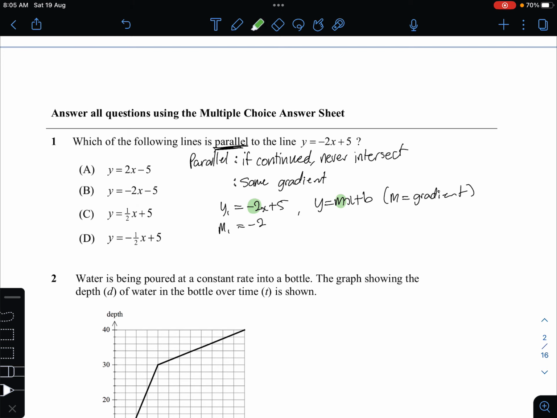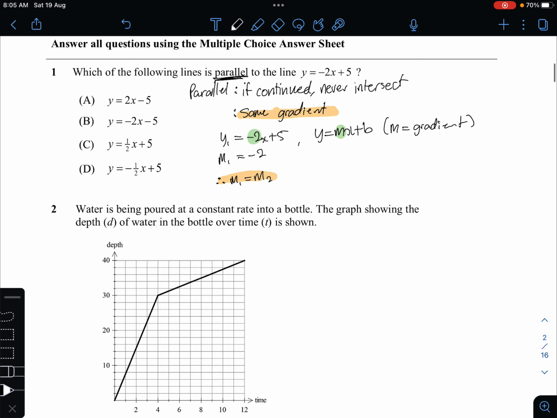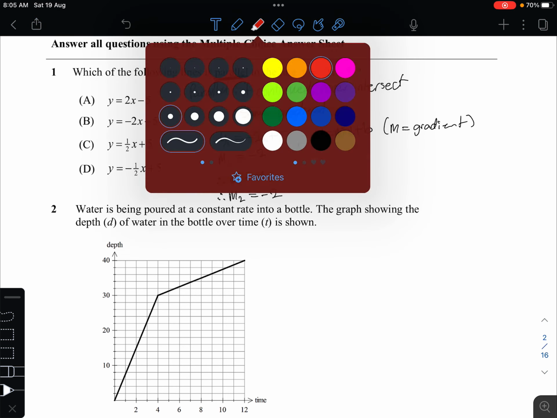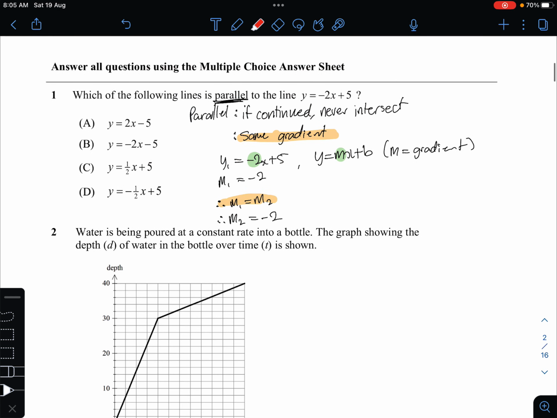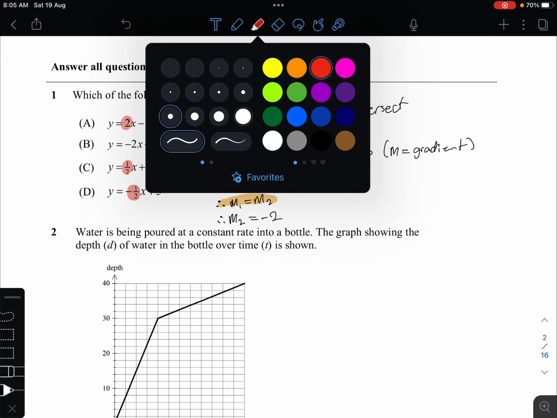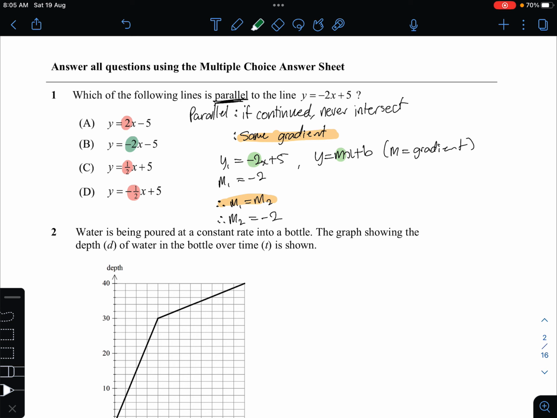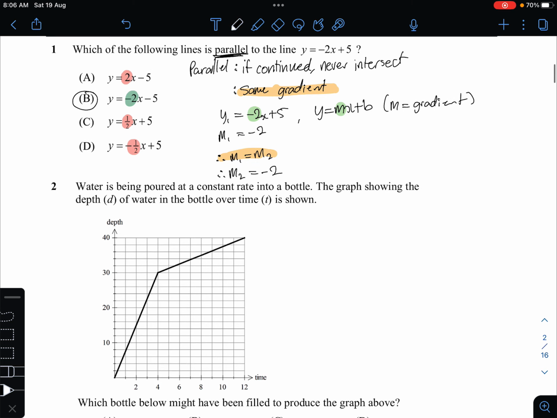And because of this definition up here, of having the same gradient, we know therefore m1 equals m2, right? So those two link. And then therefore the gradient of our second line must equal negative 2. Now, A, the gradient is 2, C, it's half, D, it's negative half, and so we are left with B as our only answer, where the gradient is negative 2, and therefore it must be B.